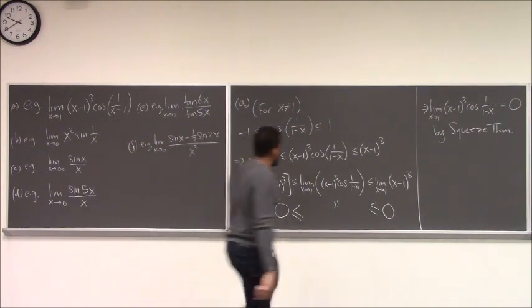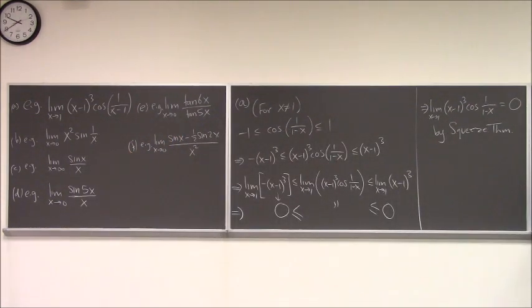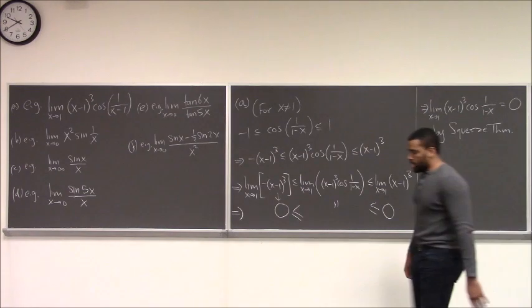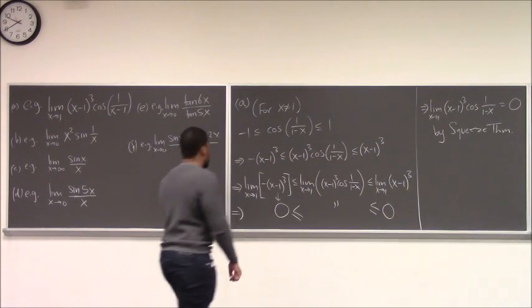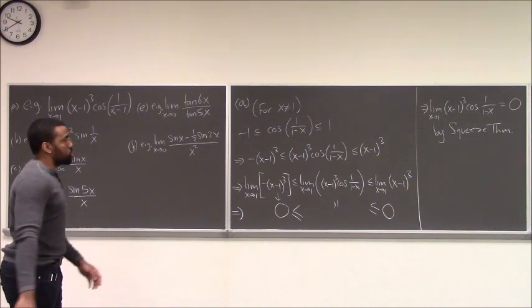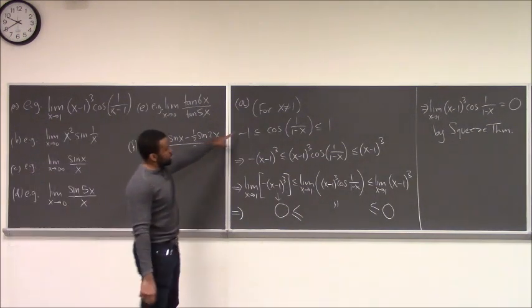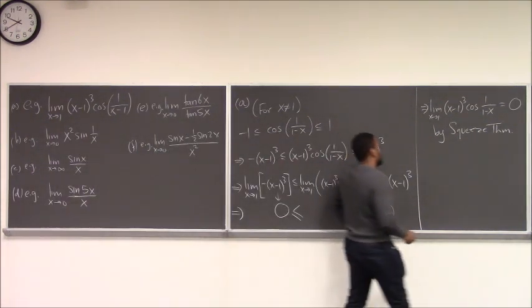And so that's one of the things you want to keep in mind here. Besides the special trig limits like sine x over x equals 1 as x approaches 0, and those other ones I told you, usually when you see trig functions, a nice thing to try is to use their boundaries that you already know about.